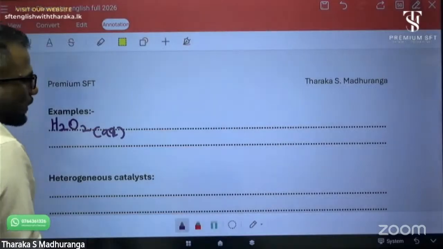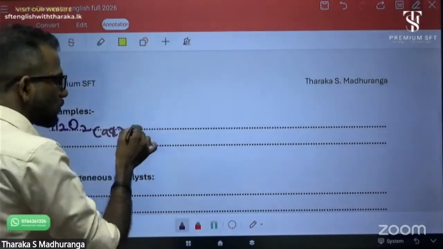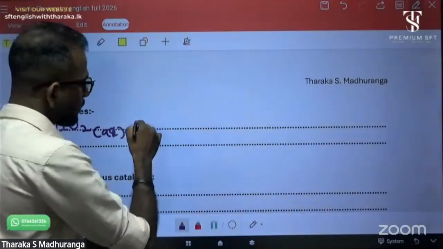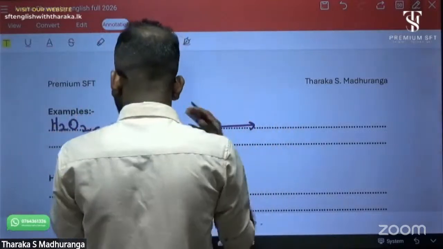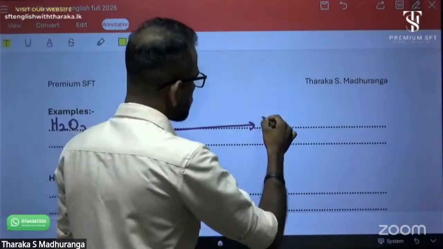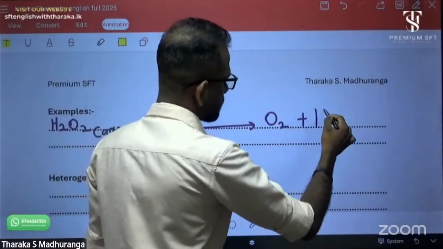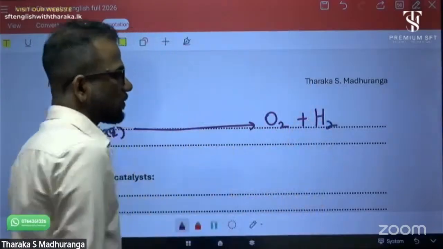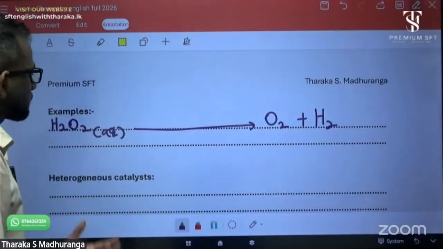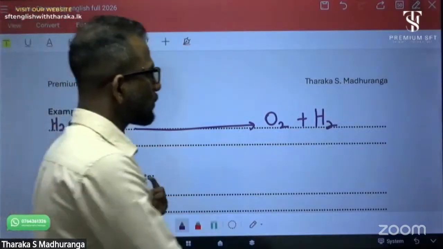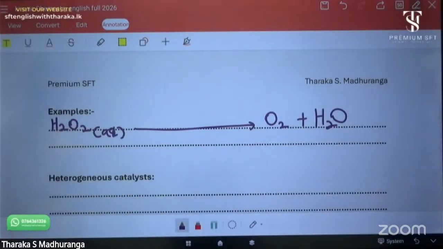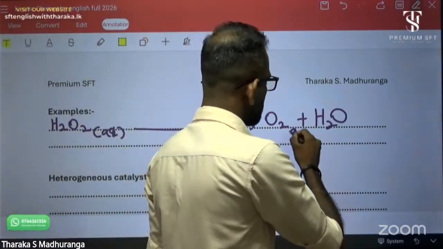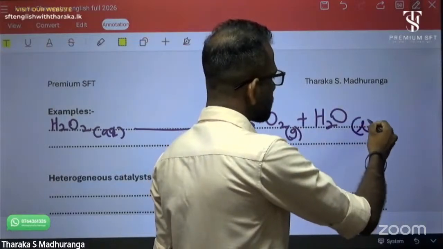When we have an H2O2 aqueous solution, it converts. Naturally, without any catalyst, it converts to oxygen and water. It releases gas, oxygen, air bubbles, and water, H2O. This oxygen is a gas, water is liquid.